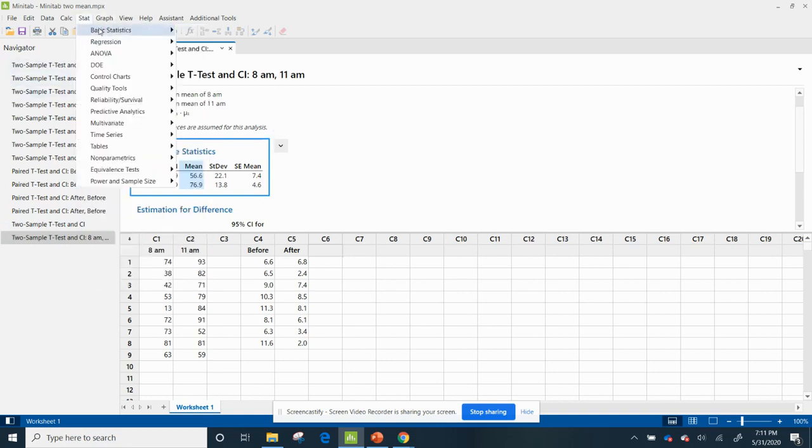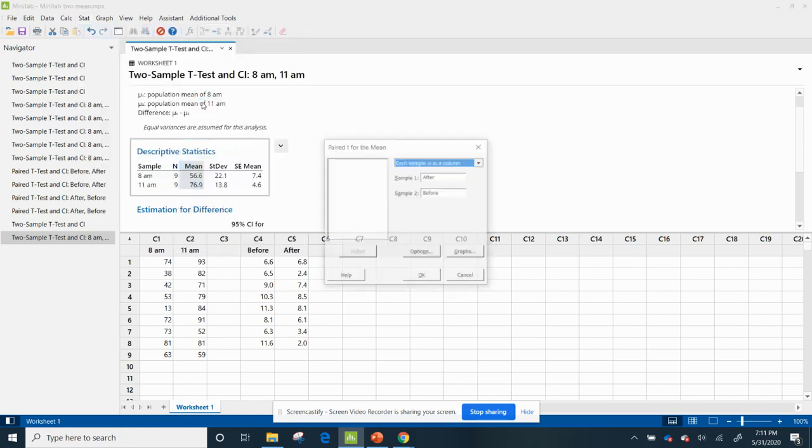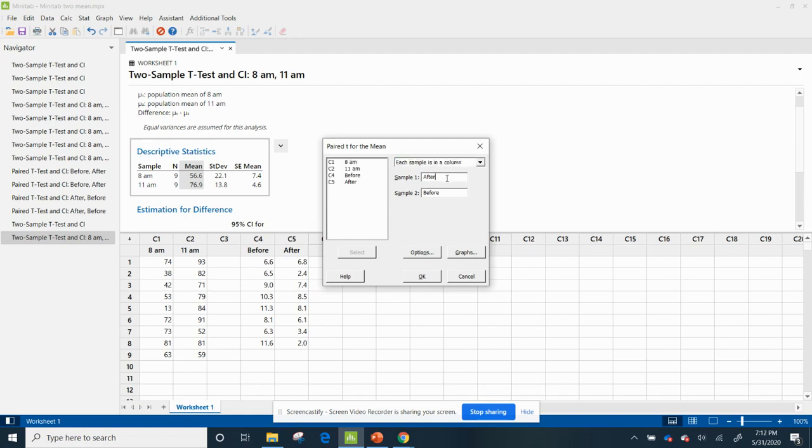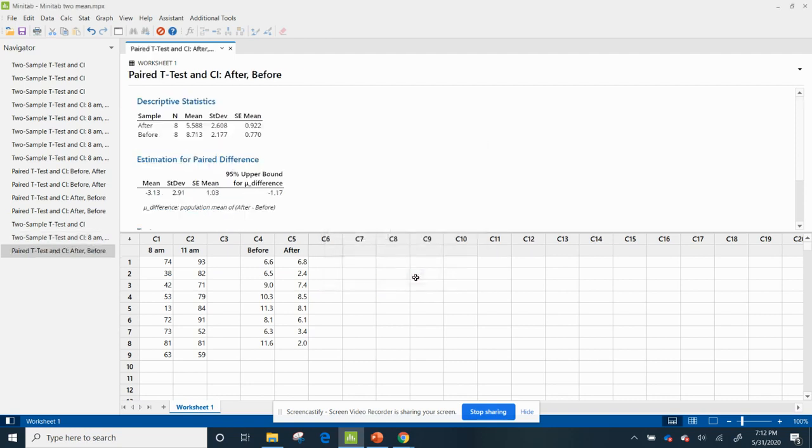Stats, basic statistics, paired t-test. Each sample is in a column. The first one was after, and the second sample is before. Why? Because it wanted to know if it lowered it. So, hit OK.